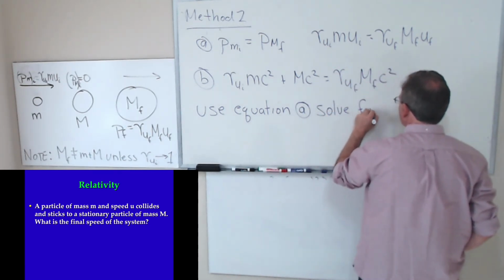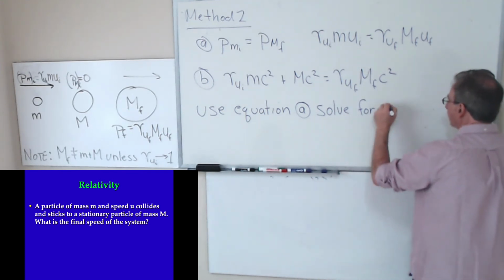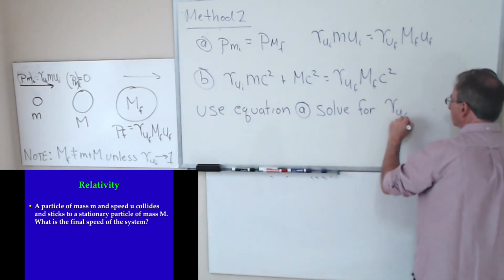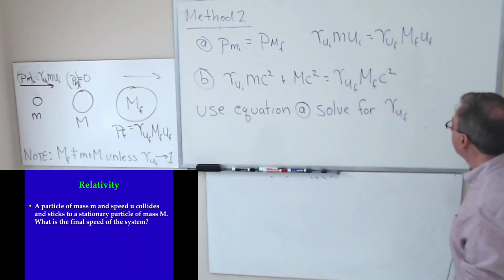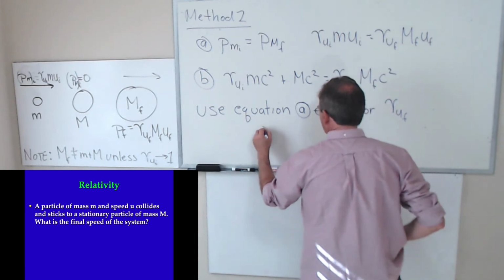So use equation A to solve for gamma sub u final. I'm going to solve this top equation for gamma u final. So what do I get?